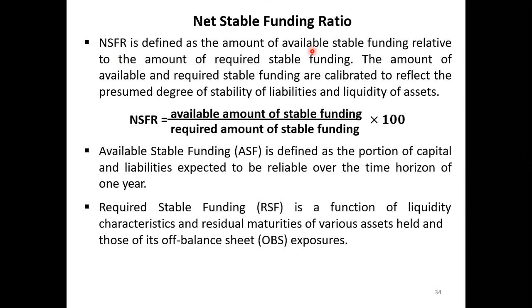So how much is available in our hand, how much is required. If the available amount of stable funding is higher than the required amount, there is no gap, a surplus, right?